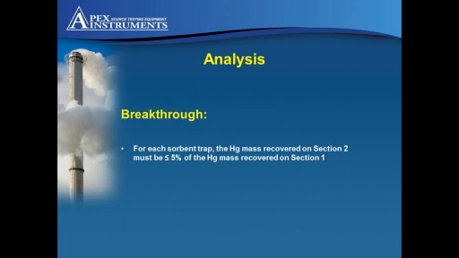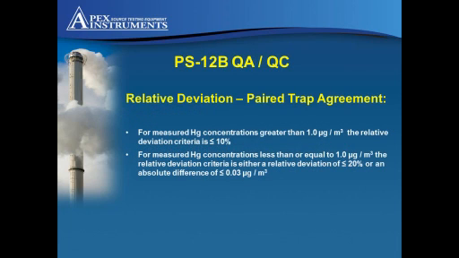From the standard, the analytical quality guidelines provide guidance on measurement, guidance on breakthrough, the tolerance levels, and guidance on the spike recovery. Similarly, the tolerance levels which will be acceptable. The standard provides great guidance on the relative deviation of the analytical result between the paired traps, which must be adhered to.